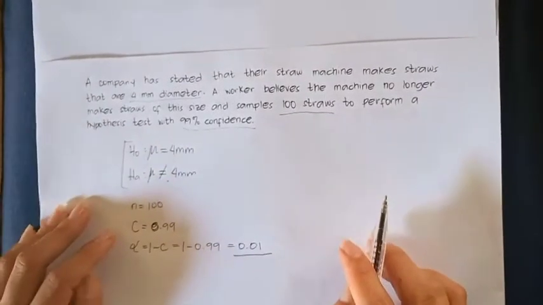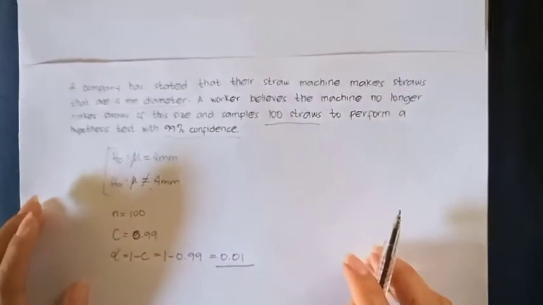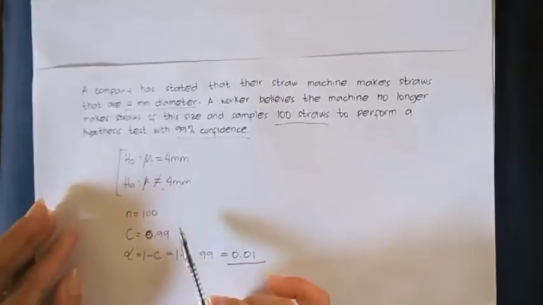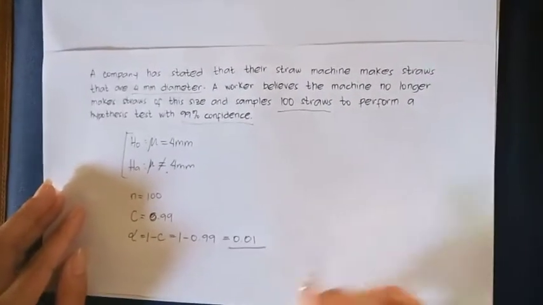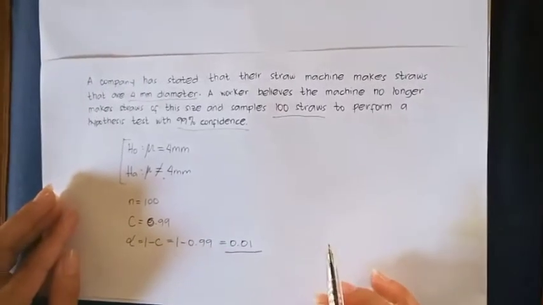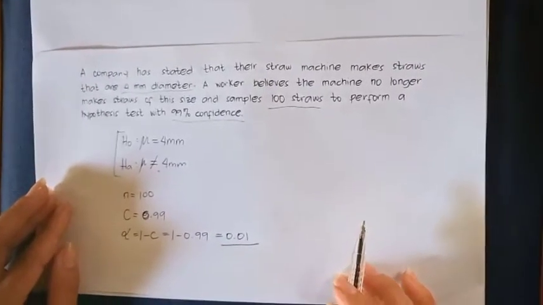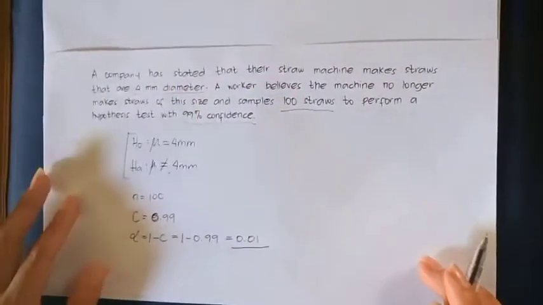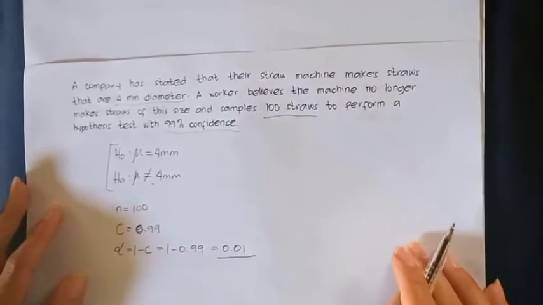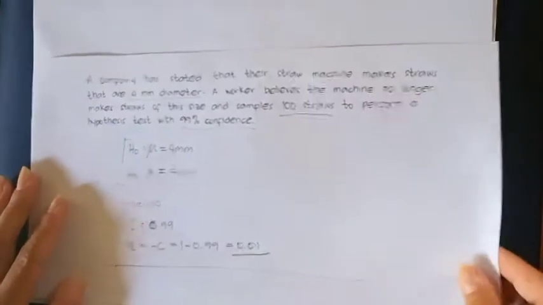It tells you the same exact information. Alpha and C are directly related because they have to add up to 1. So again, we're not doing testing in these problems, we're just writing the hypothesis down. So this is the answer for this problem.